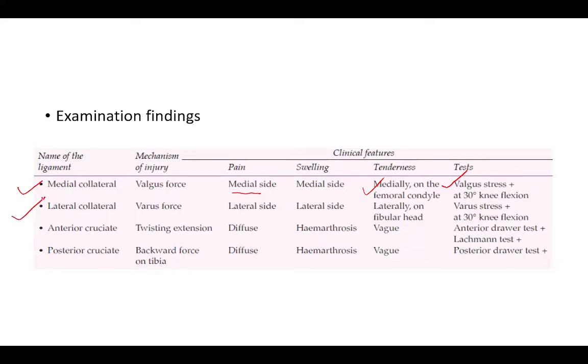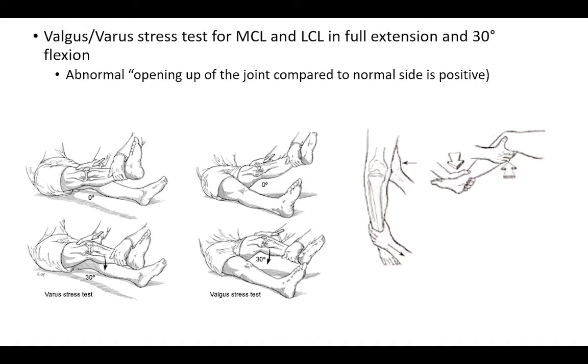Similarly, for the lateral collateral ligament, the pain will be on the lateral side along with tenderness in the same region, and a varus stress test will be performed. For anterior and posterior cruciate ligaments, we will find that the anterior and posterior draw tests will help us elicit the diagnosis.